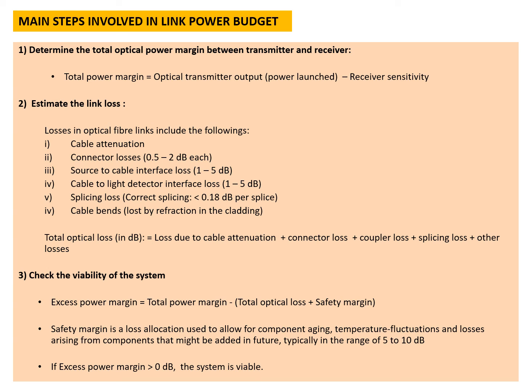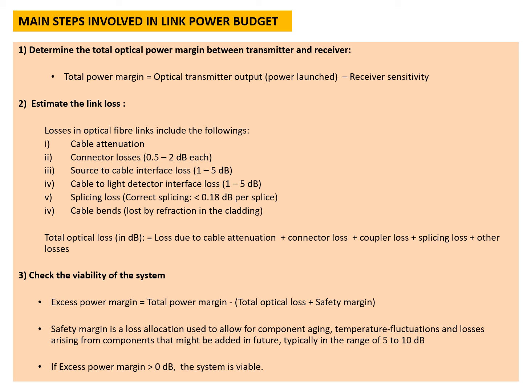Number three, check the viability of the system. Viability of the system is based on the excess power margin. Excess power margin can be calculated by subtracting total optical loss and safety margin from the total power margin obtained from step number one.